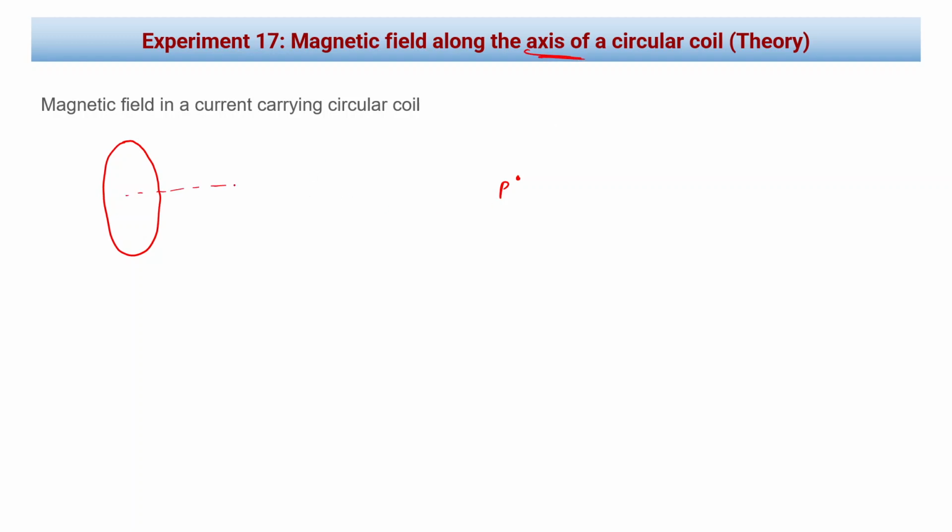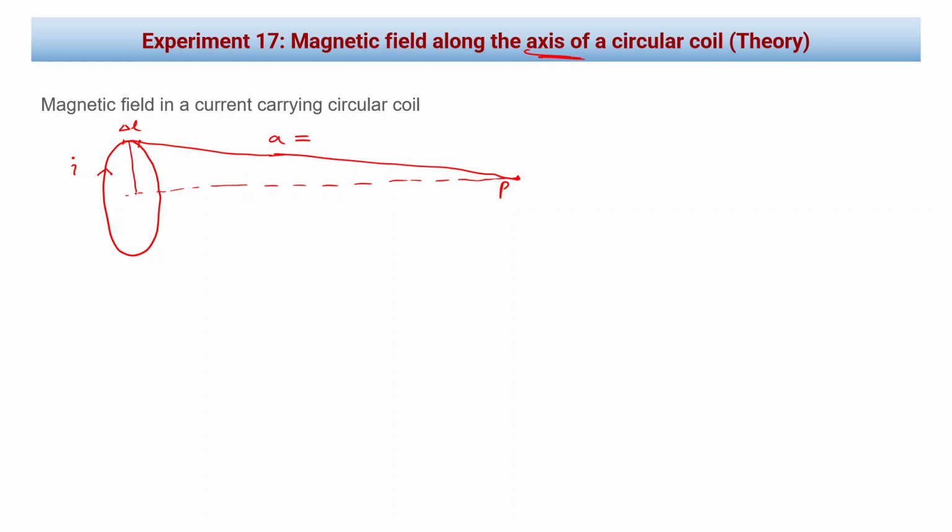We want to find out what will be the value of the magnetic field at the axis. So this is the axis of the circular coil, and let's say the current I is flowing in it, and this is some length element delta L. When we connect this, the distance a, which you can see here.